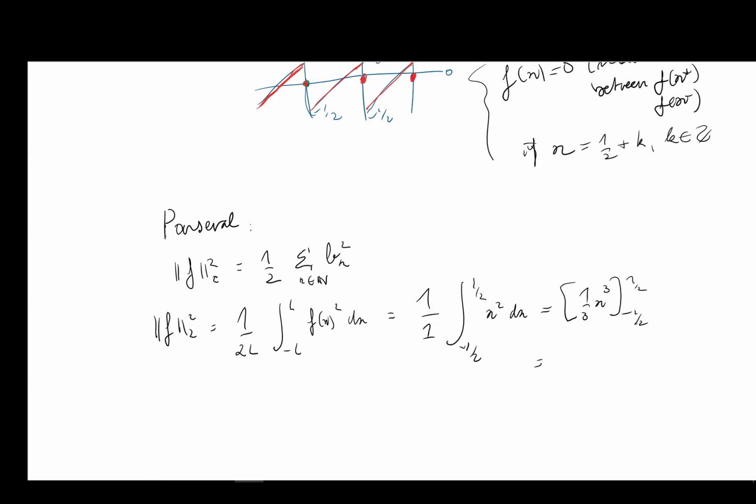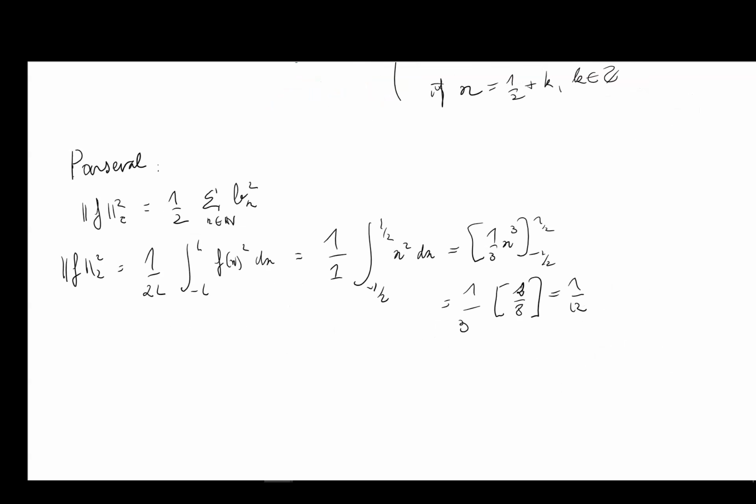So that's 1 over 3 times 1 over 8 minus minus 1 over 8, so that's 2 over 8, so that's 1 over 4, so that's 1 over 12. Excellent.